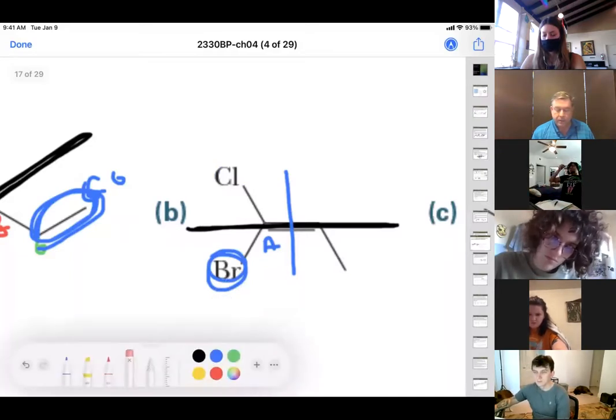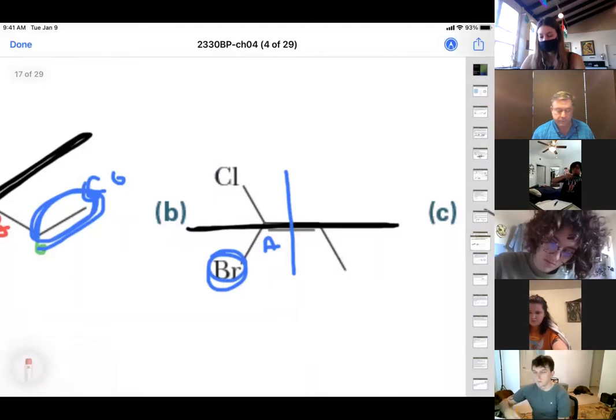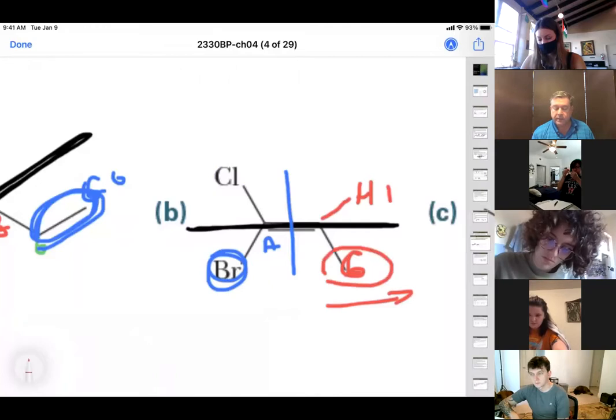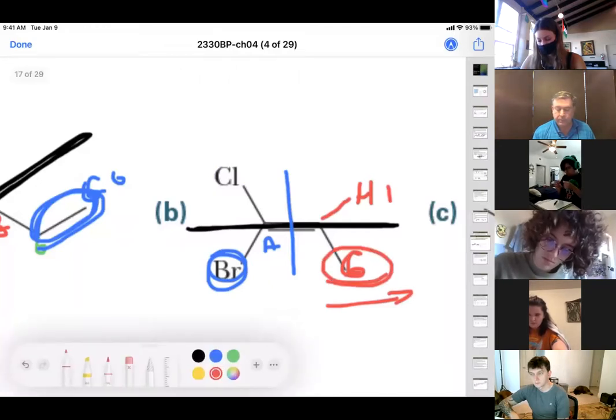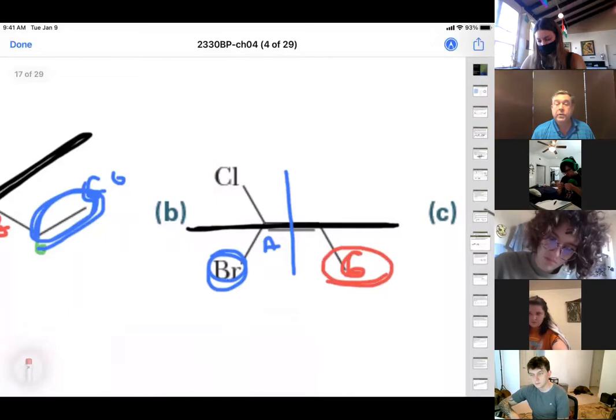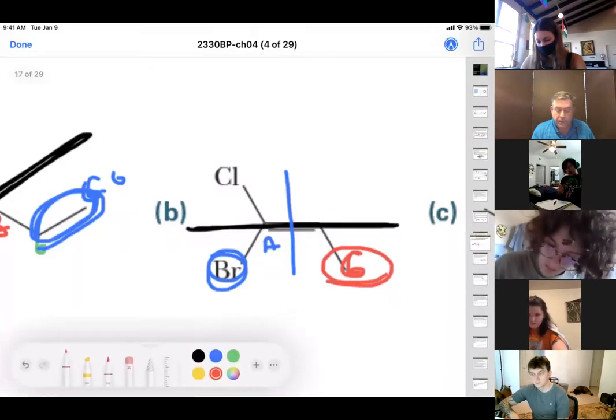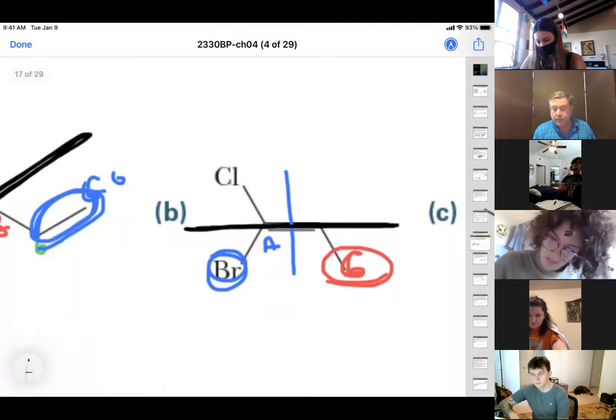And so now let's go look on the other side. On this side, we have a carbon, which is 6, and then we have that understood hydrogen, which is 1. So on this side, our highest priority is this carbon. Now let's look at that axis and see whether those two highest priorities are on the same or opposite sides.